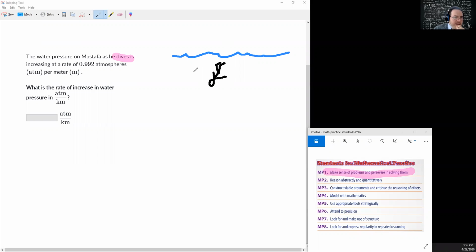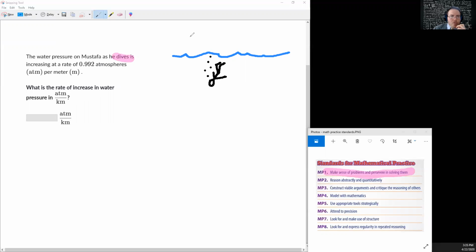So Mustafa's diving, and the atmospheric pressure is increasing because of the weight of the water above him. What is the rate of increase in water pressure in atmospheres per kilometer?